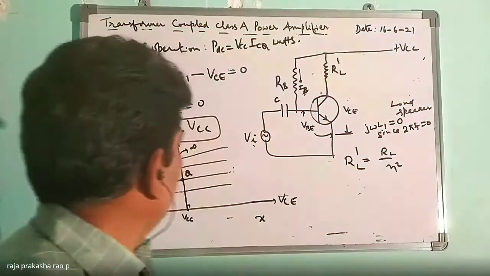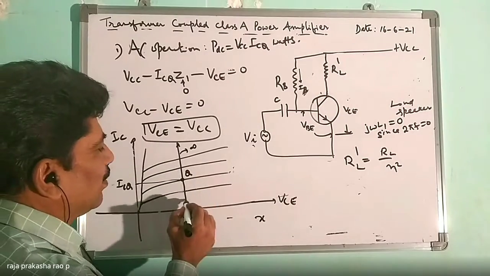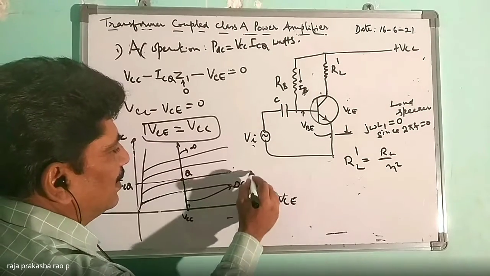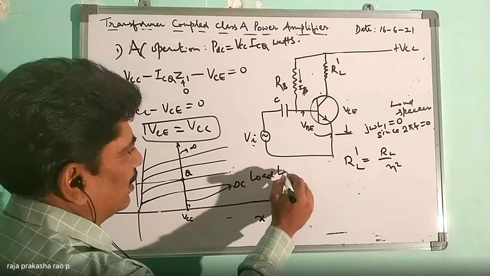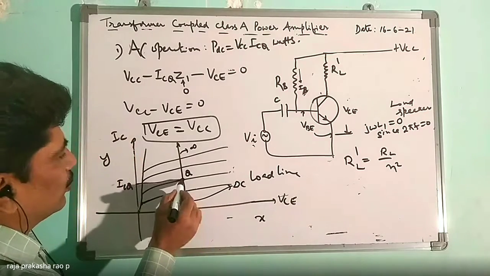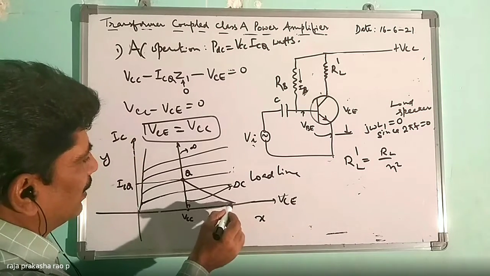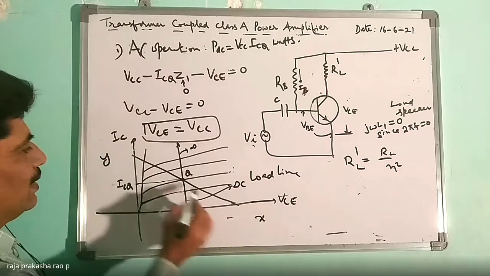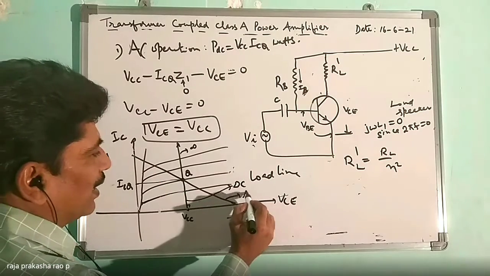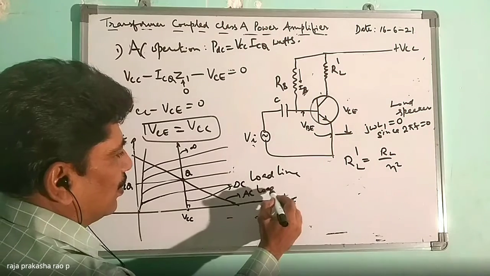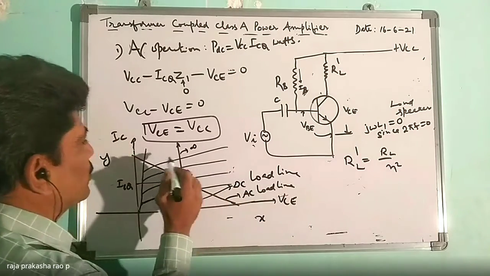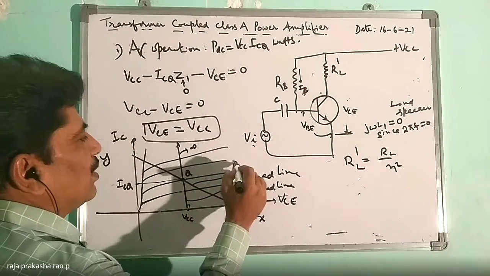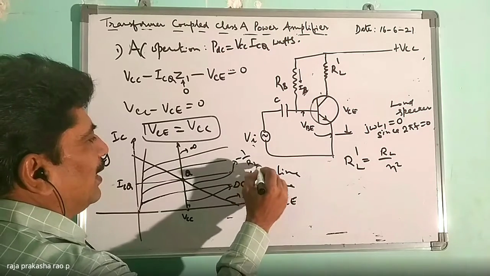This one is the DC load line. The AC load line should pass through this Q point only, and its slope is -1 by RL dash.